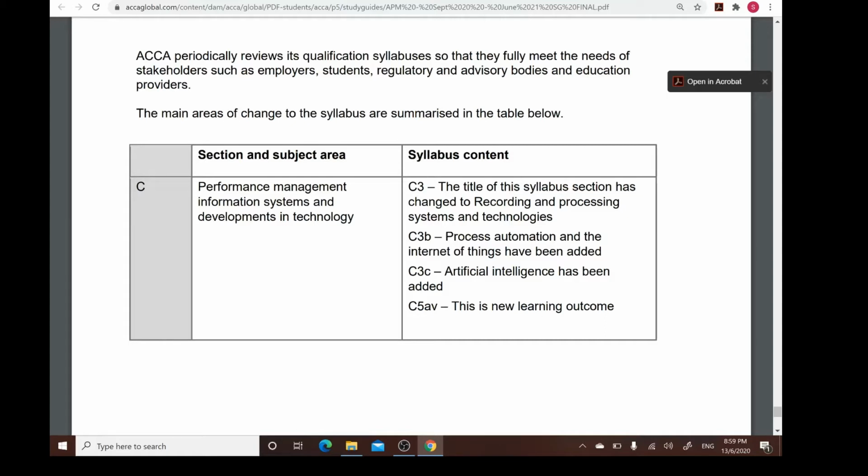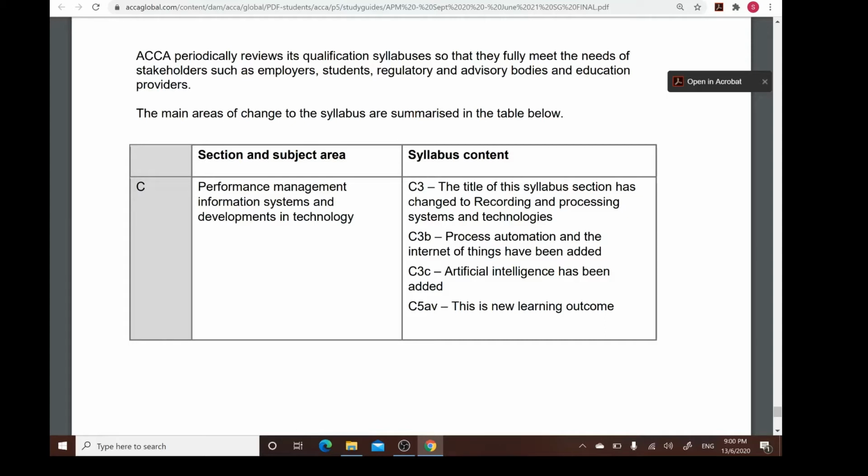Try to imagine if you sat any exam before June 2020. Remember, all these areas were not included in the syllabus. However, here you start to see them, starting from September 2020.